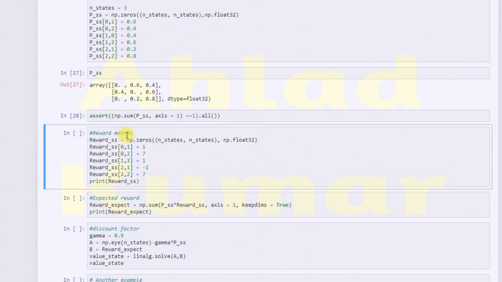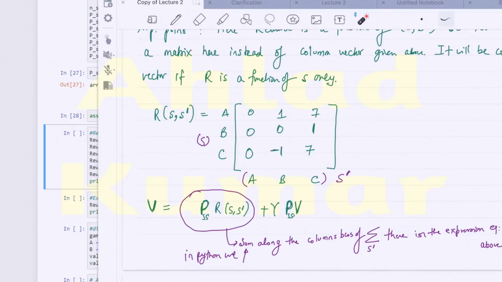Now we have the reward matrix. If you recall, when we were discussing the Markov random process, at that time I created a reward matrix, which is a 3x3 matrix, and let me show you that. So if you see here, it is a reward matrix of size 3x3.